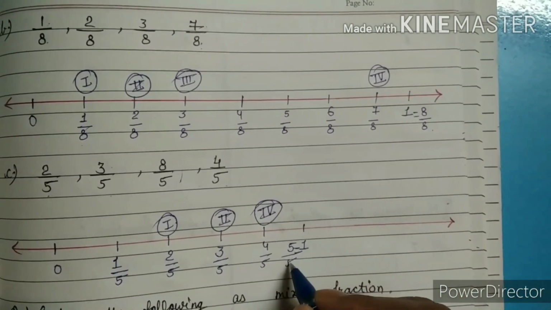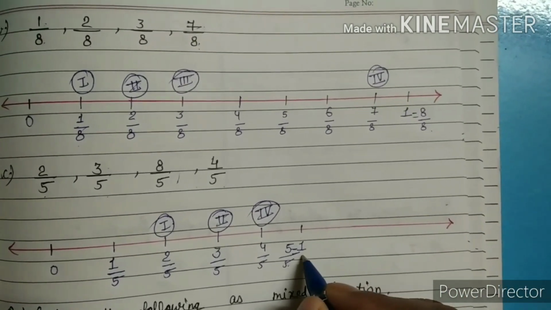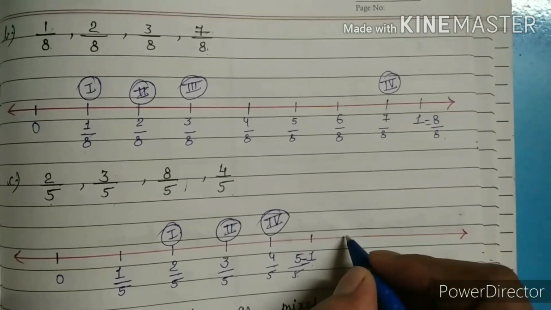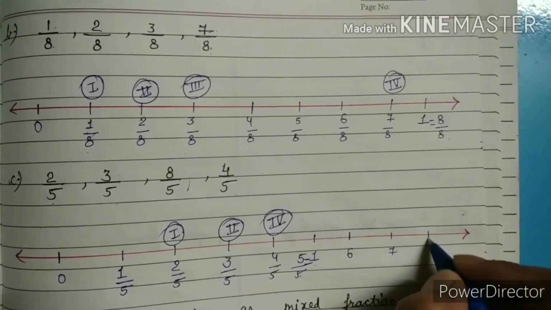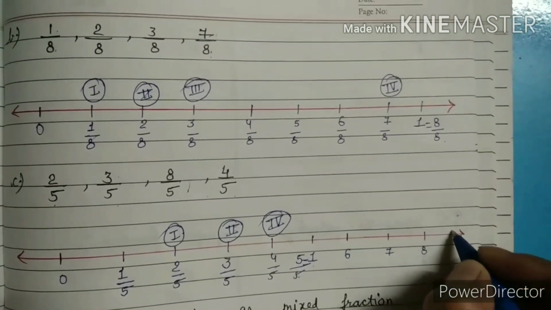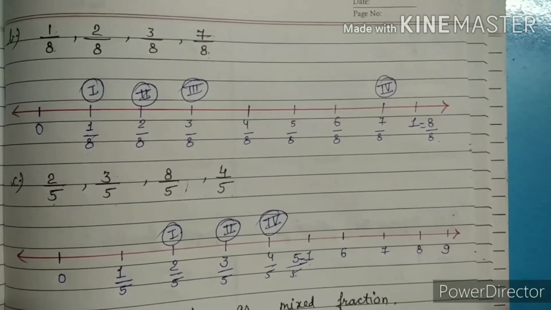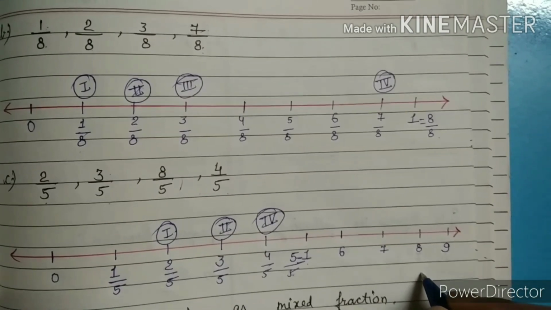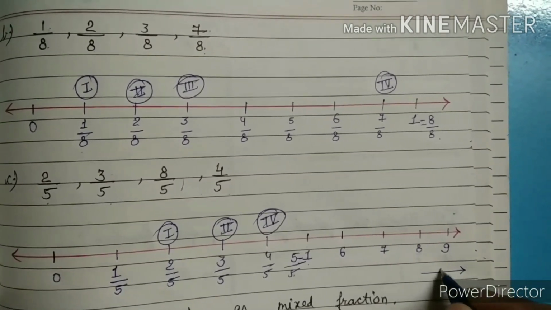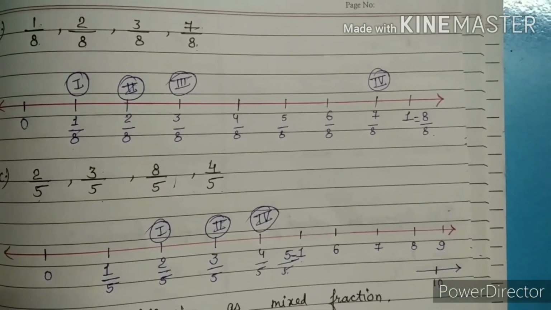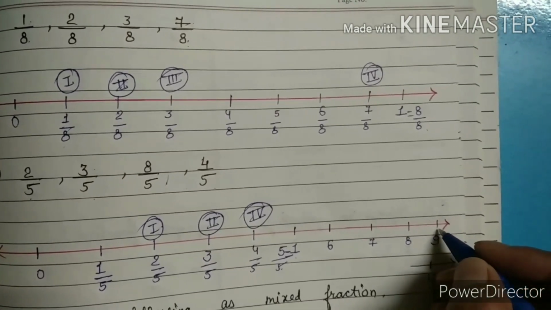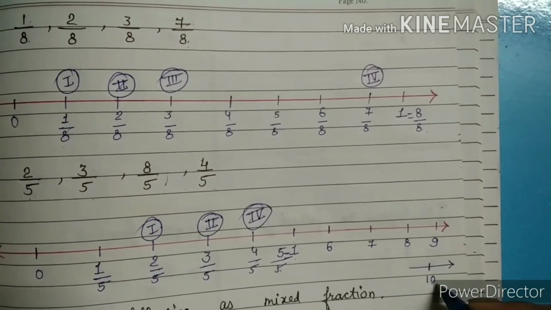Okay, till here we have 5 by 5, that is representing 1. So here 6, 7, 8, this is 9. Okay, if we move some more, here we have to put 10. After 9 we have to put 10.